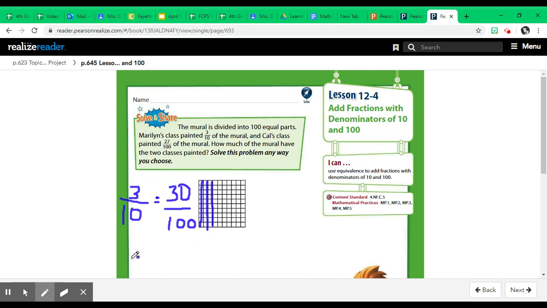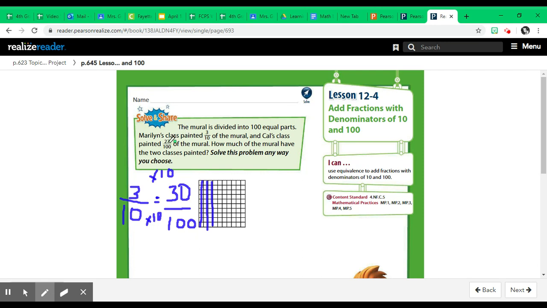Or I could say, well, I know 3 times 10 gives me 30. 10 times 10 gives me 100. These are equivalent fractions because you can multiply the top and the bottom by the same number to get your equivalent fraction.